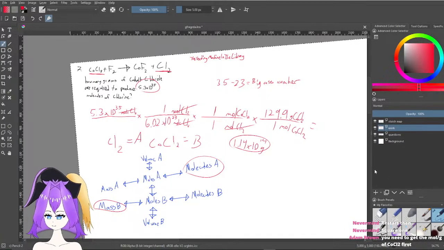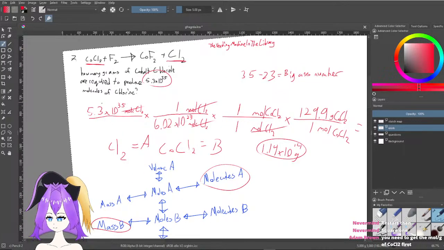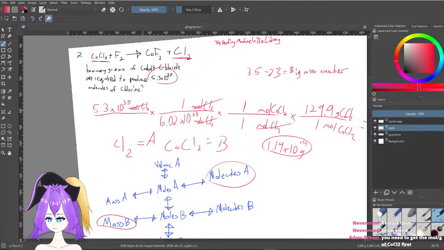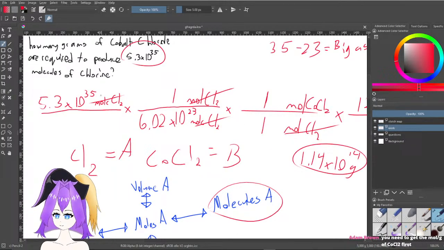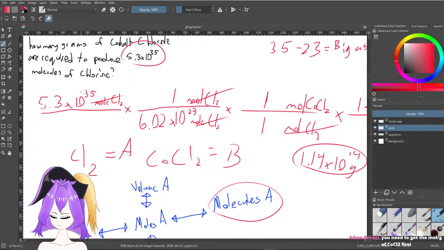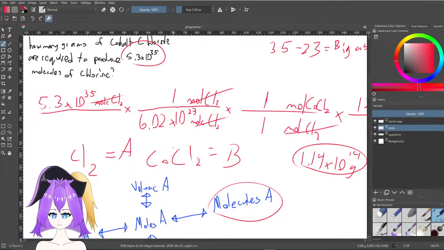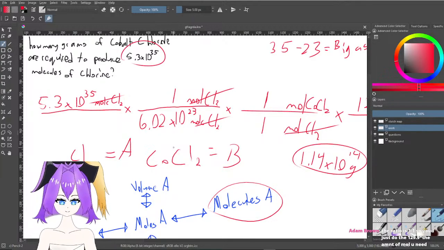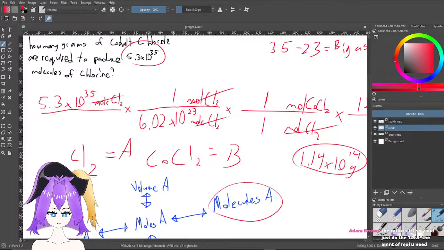The issue I'm seeing here is 5.3 times 10 to the 30, when you're converting to moles of chlorine. Wait a second. Yeah, no. Okay, we're going from molecules of chlorine to moles of chlorine, right? So we have the molecules here. The ratio is 1 to 1, so you just do the 129.9 times the amount of moles you need.